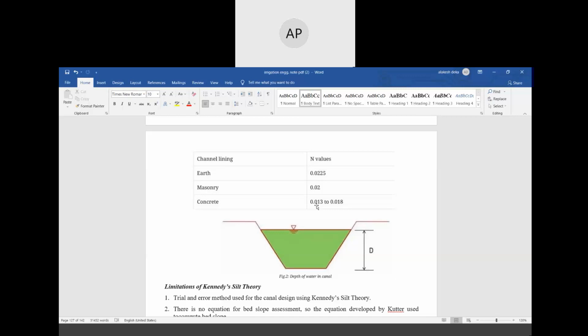Earth, ma'am. Which one? Earth lining. Earth canal has less or concrete canal? Concrete, ma'am. Yes. Which one?